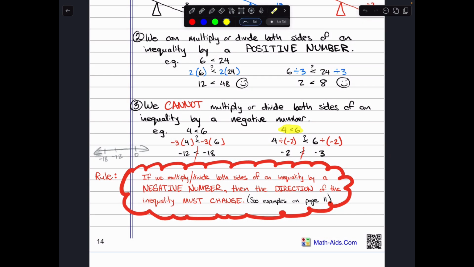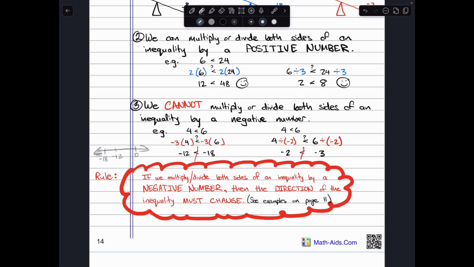We take a true statement like 4 is less than 6, but if you divide by -2, 4 divided by -2 is -2. 6 divided by -2 is -3. And notice that -2 is not less than -3. This inequality can't just stay here when you divide by a negative.